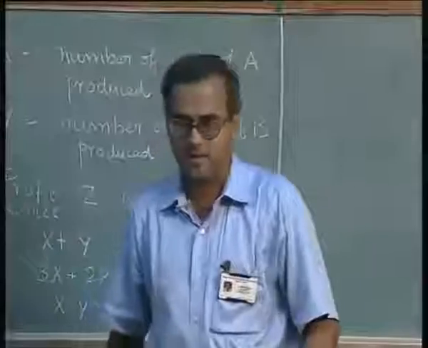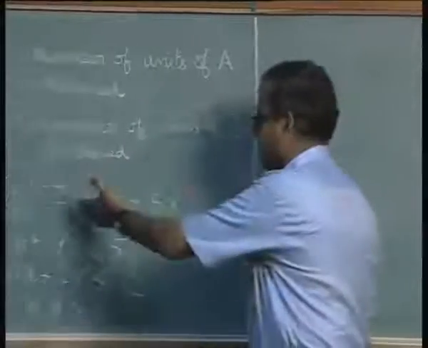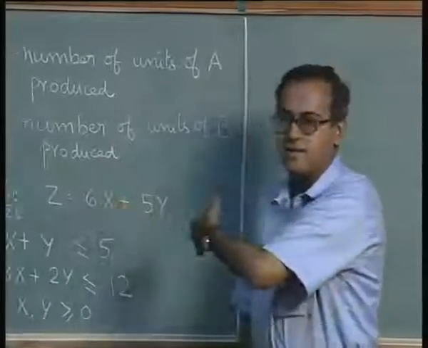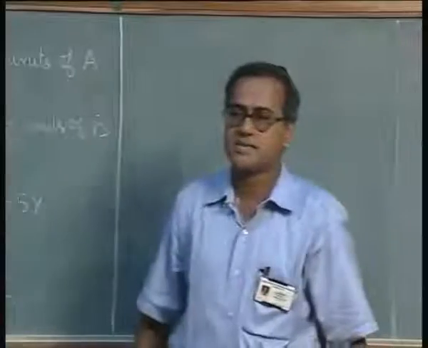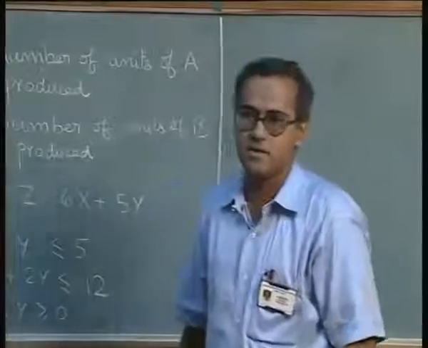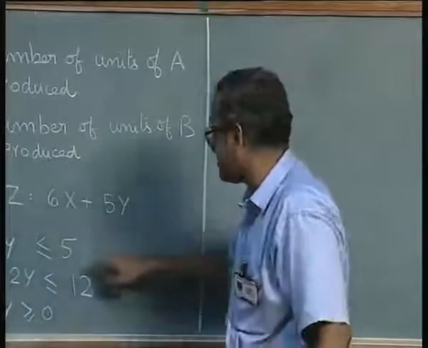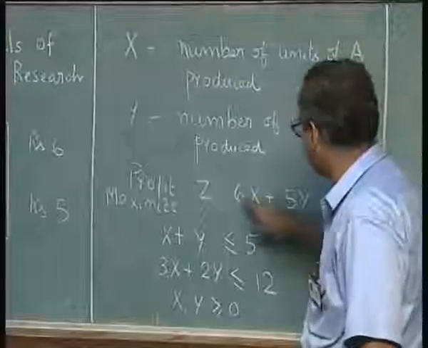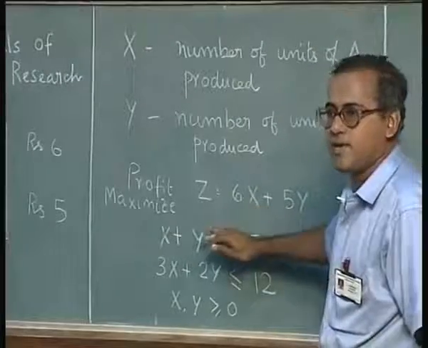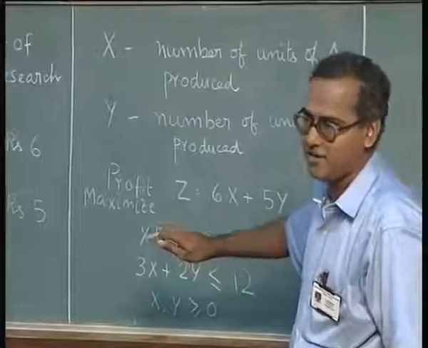Because if we simply want to maximize 6X plus 5Y without these constraints, then X and Y can take as high a value as possible. These constraints restrict the decision variables from taking an unlimited or very high value, so they are important.